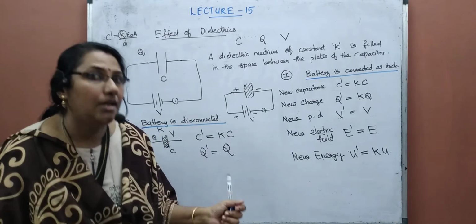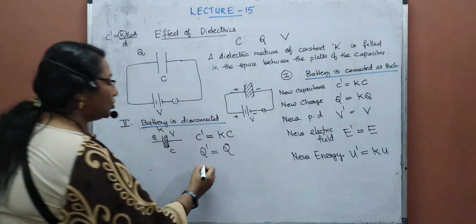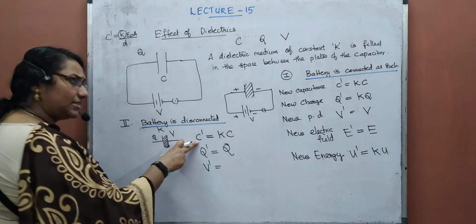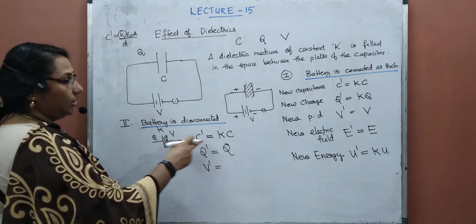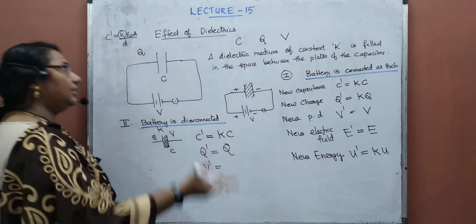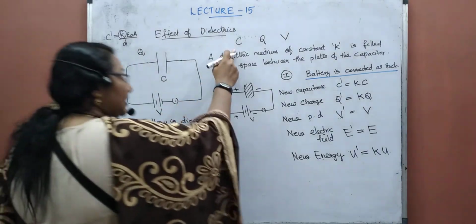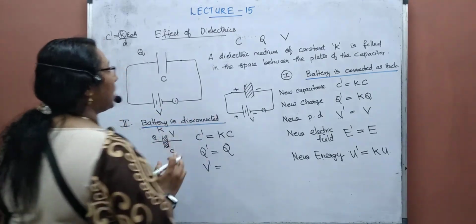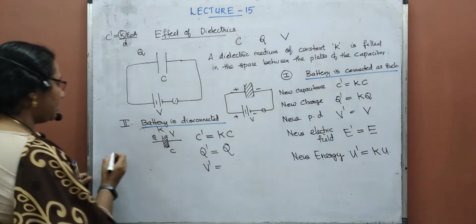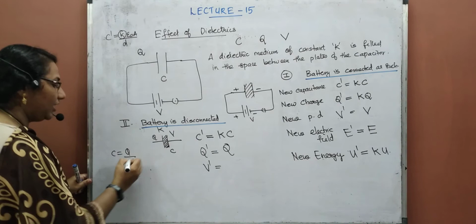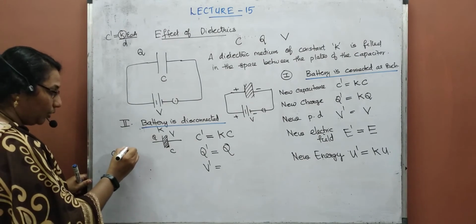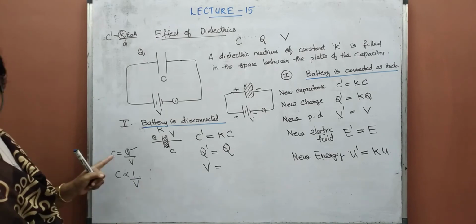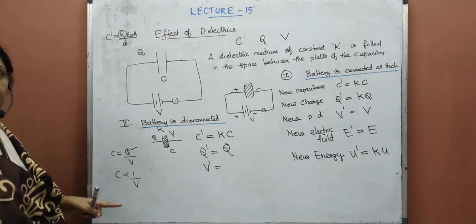Is it clear? If so, what happens to the new potential difference? Look, now for the capacitance C dash, the charge stored is Q. In the earlier case, for the capacitance C, the charge was Q. Now for higher capacitance, the charge remains the same. So what is the equation? C is equal to Q by V. Q remains constant, so C is inversely proportional to potential.